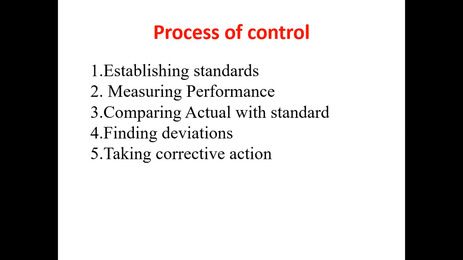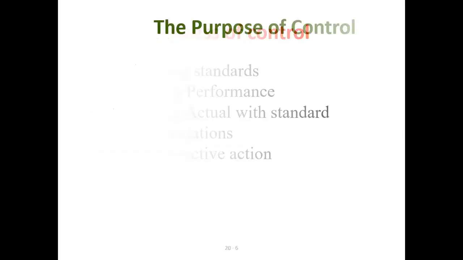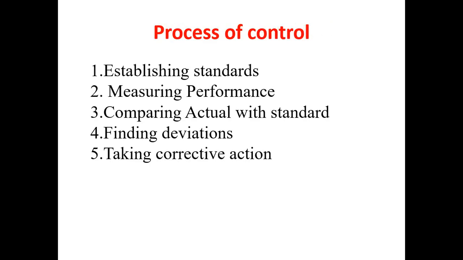The first one is establishing standards. This is the first step in the control process. Standards may be expressed in quantitative or qualitative terms. Standards generally are classified into two types.